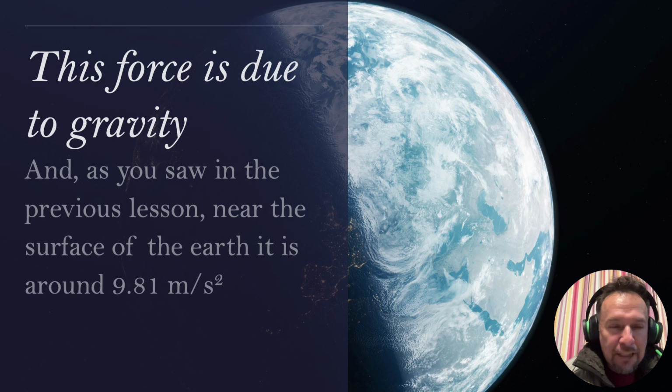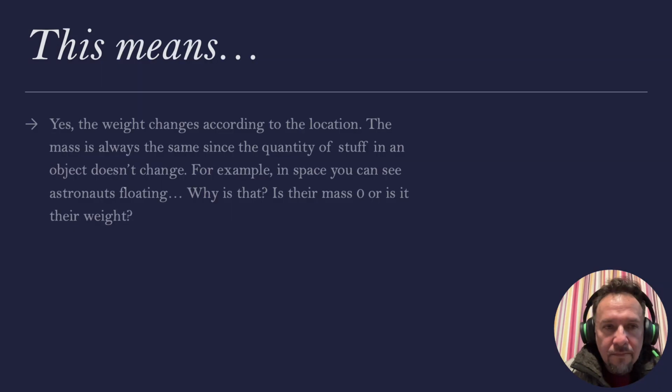And, as you saw in the previous lesson, near the surface of the Earth, it is around 9.81 meters per second square. This means, yes, the weight changes according to the location. The mass doesn't change. It is always the same, since the quantity of stuff in an object doesn't change.